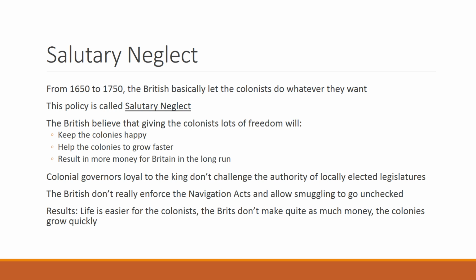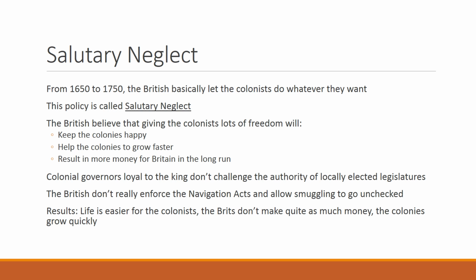So as you can probably see at this point, the British had a lot of control over the colonists. They basically controlled the colonial governments through the governors, who were loyal to the king, and they controlled trade by introducing the Navigation Acts.